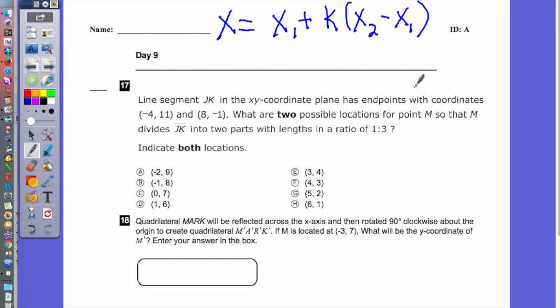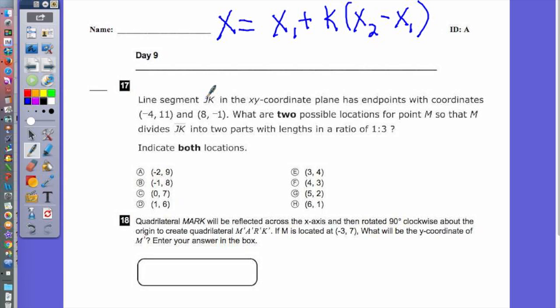That's a total of 4 segments. So the ratio here would be 1 to 4. Okay? x sub 2 is the x value of your second coordinate minus the x value of your first coordinate. Normally when we do these, your first coordinate is whichever one they gave you first.